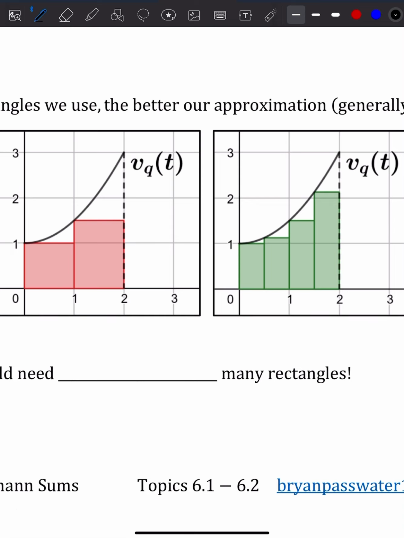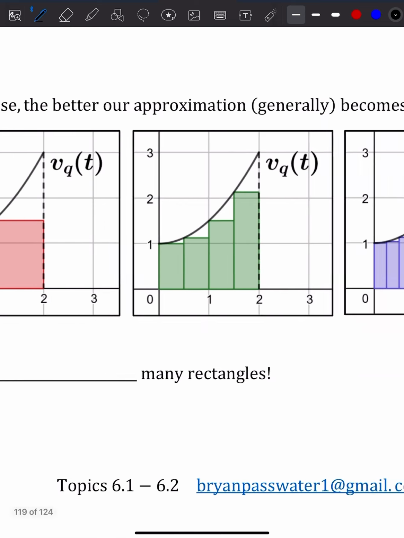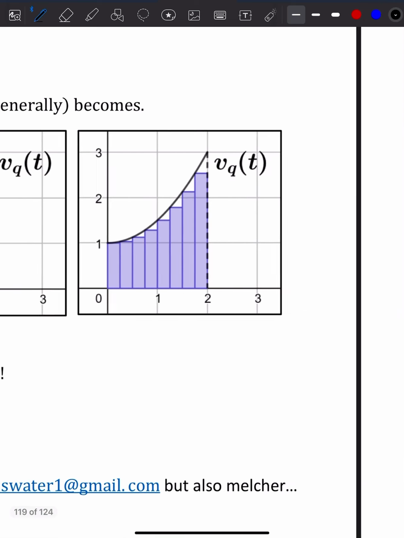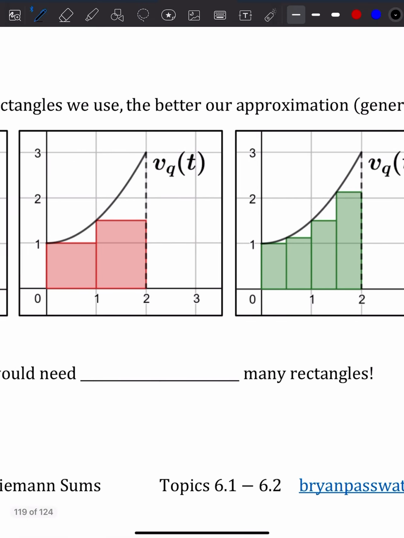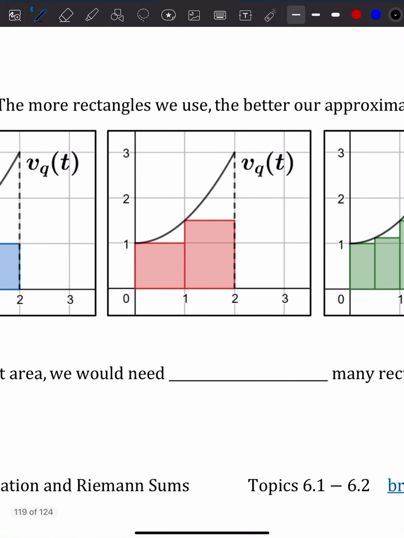As we add more rectangles, we can see that the space is closing its gap. So as I keep adding more rectangles, the amount of space that is below the graph that we don't have covered is getting smaller. So to find the exact area, what we need is infinitely many rectangles.